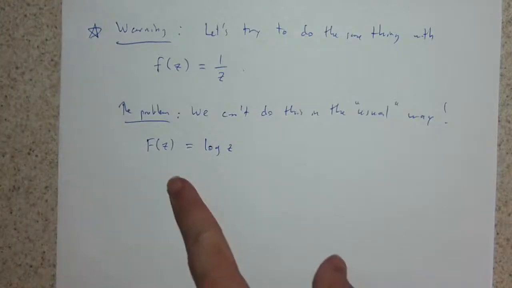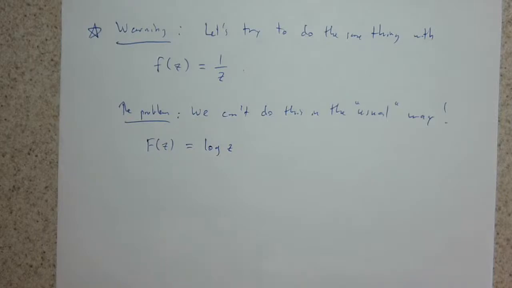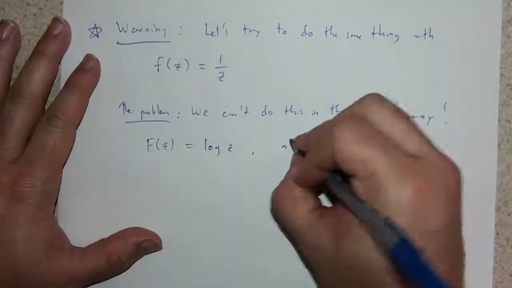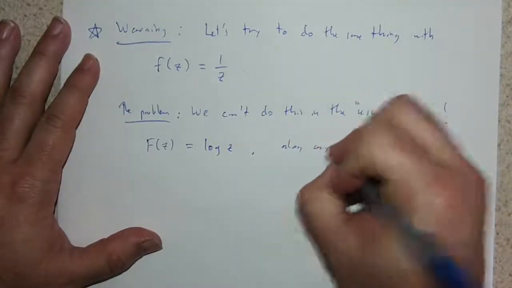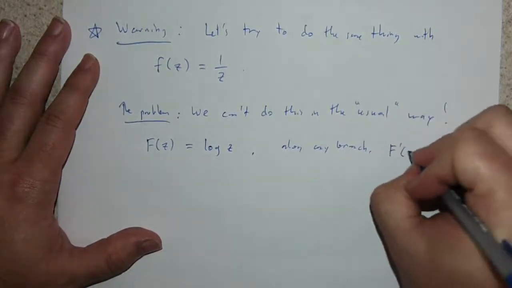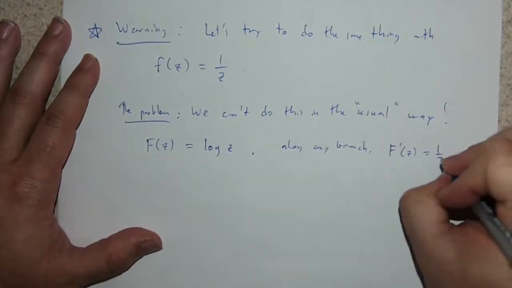There's an issue here, right? So along any branch, big F prime is 1 over z.